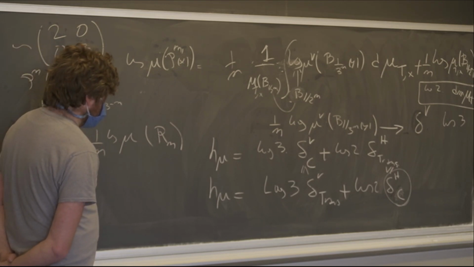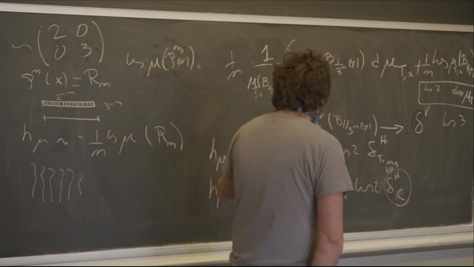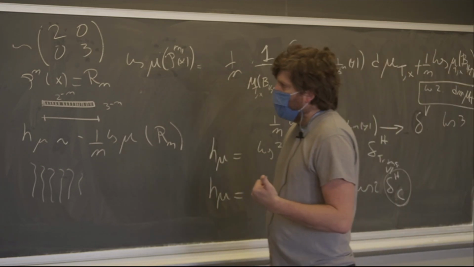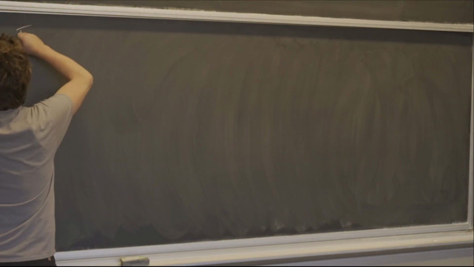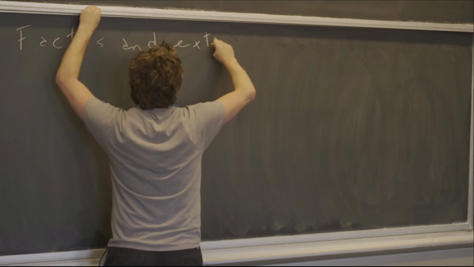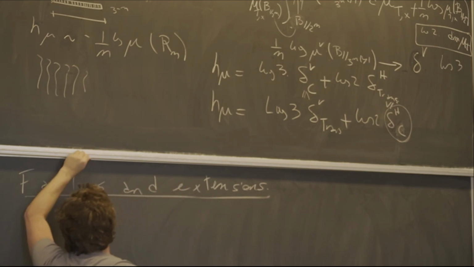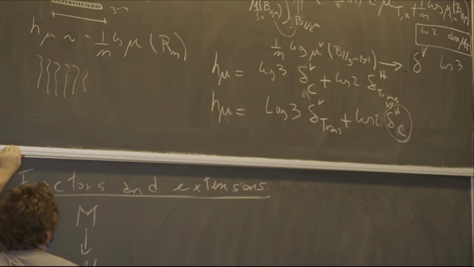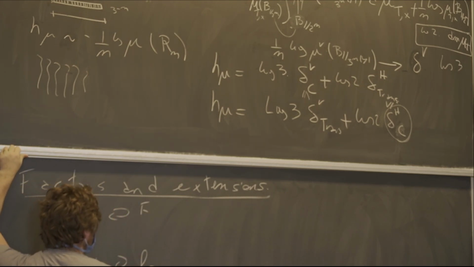Which brings us to something I also wanted to talk about and I forgot, so thanks for bringing it up. So yes, these factors and extensions. So a factor is, as always, that you have pi, you have your dynamic F, you have your little dynamic f.